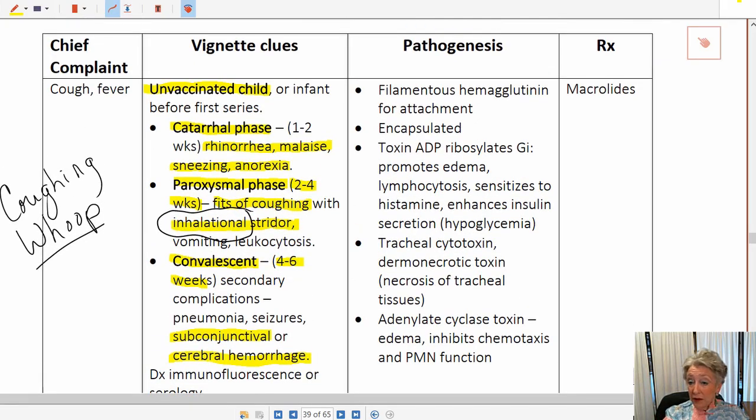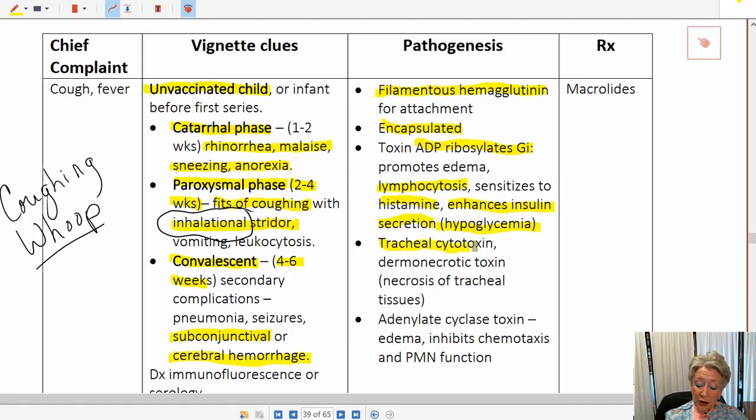Now, as far as the pathogenesis, the organism attaches via its filamentous hemagglutinin. And remember, we put that in the vaccine. It is encapsulated. And remember that the toxin is the one that ribosylates G sub I, promoting edema. It also causes lymphocytosis, sensitizes to histamine, and enhances insulin secretion, which leads to hypoglycemia.